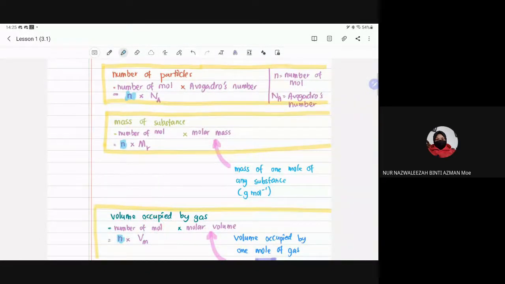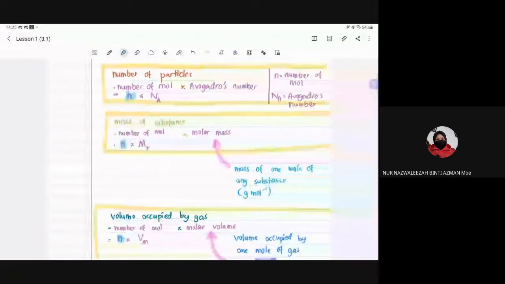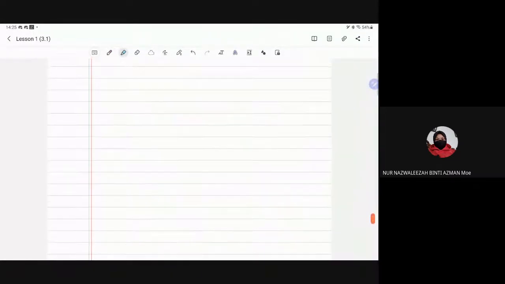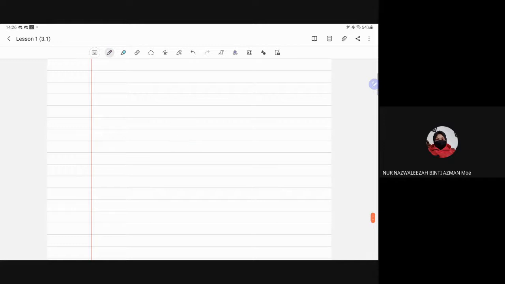If you have volume of gas, you can change to mass, you can change the number of particles. So whatever it is, you always change to the number of moles.